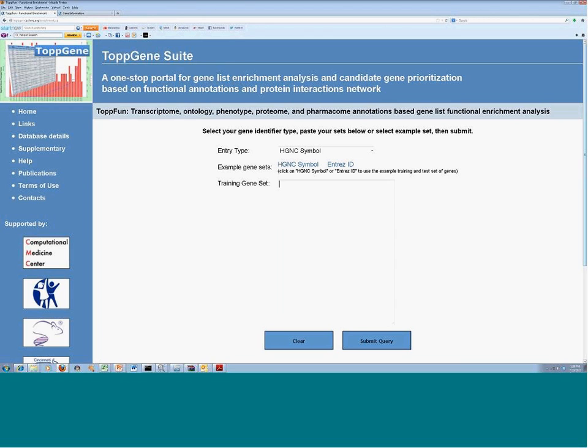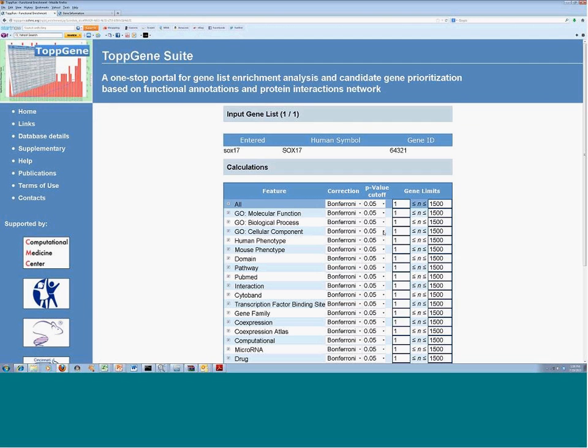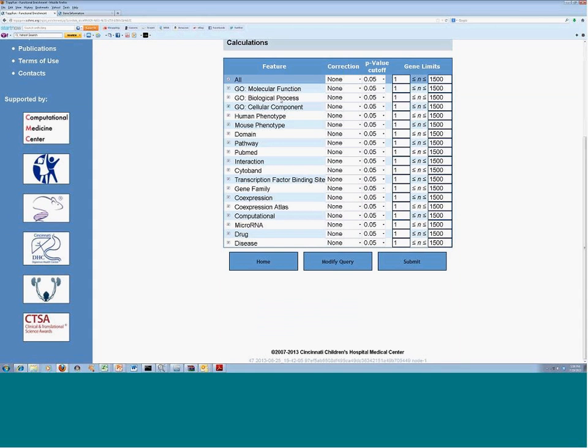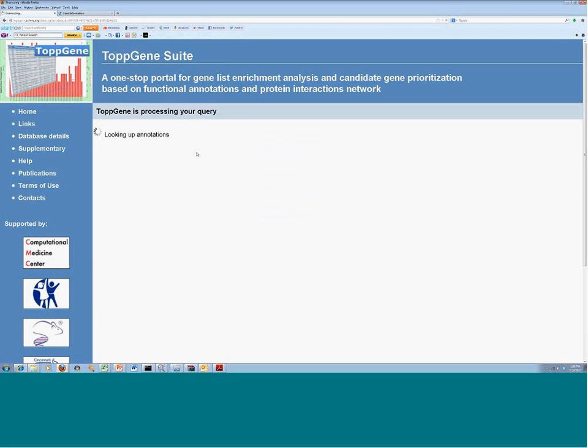Let's just put in SOX17. You can put in the entire genome list of genes, or you could put in a list of genes or one gene. Let's just try SOX17, and here when you're putting in just one gene against all this information content, you take the false discovery.